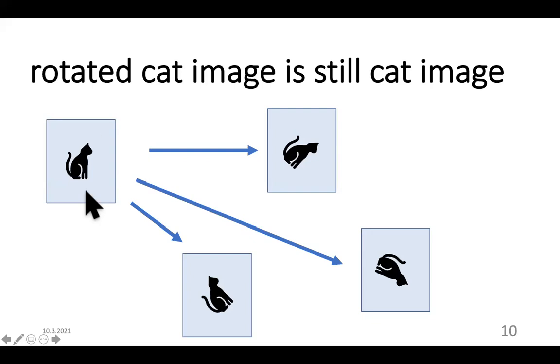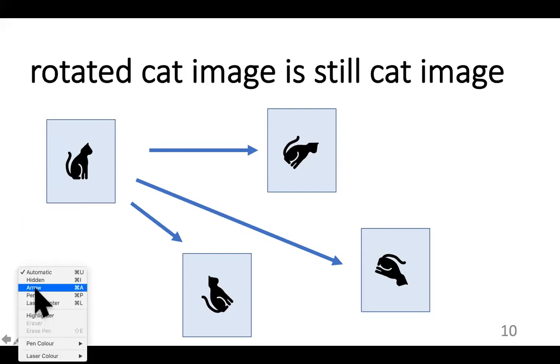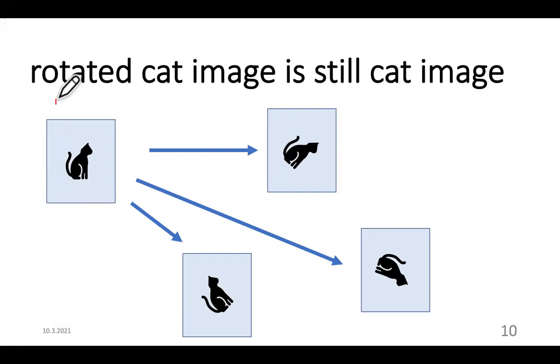So for each image for which you know that this is a cat image, so let's say this is a labeled data point, we can create 3 other labeled data points by rotating this image, but we still know this is a cat image. And so on and so forth. So we have, again, a 3-fold original data set.